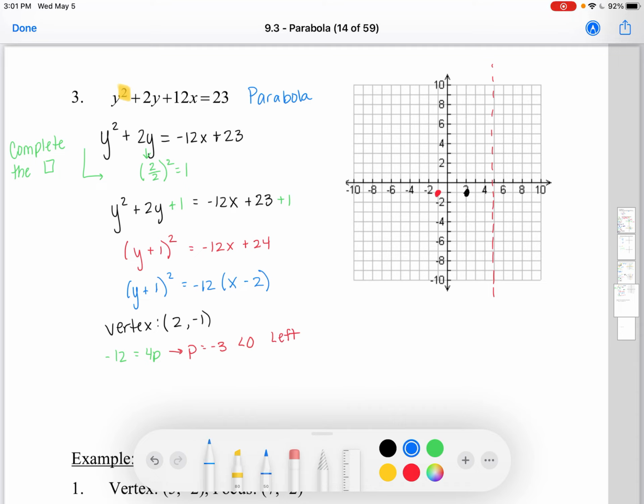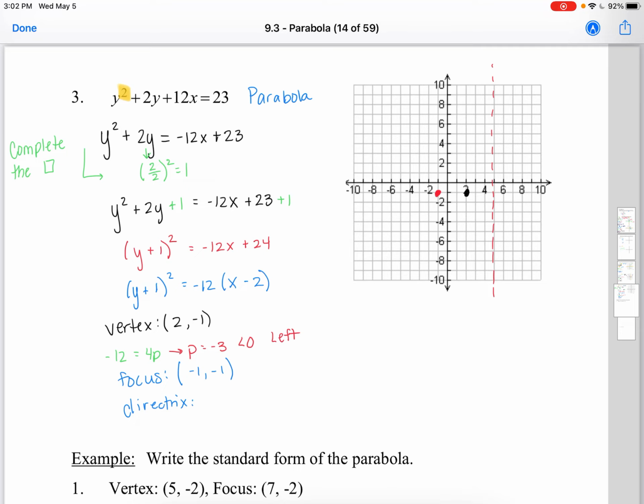And again, we found this information, so let's label it. We got the focus at the coordinate -1, -1, and the directrix was a vertical line, telling me that it's an x equals function, and the x-coordinate along that line was 5.